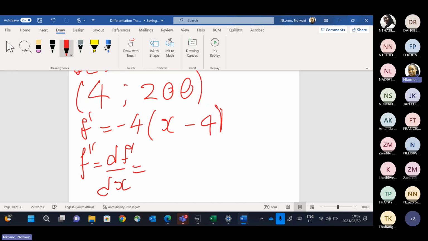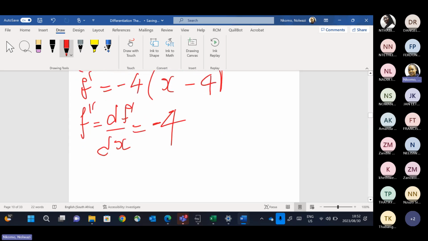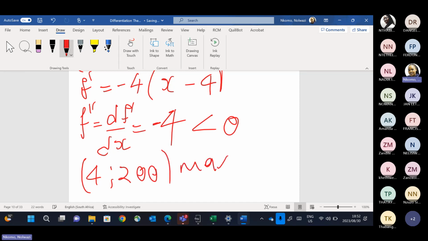If we differentiate this f prime, we will find -4, right? Okay, and you see f prime prime is less than 0, right? So this means (4, 200) is a maximum point. Is a maximum turning point.